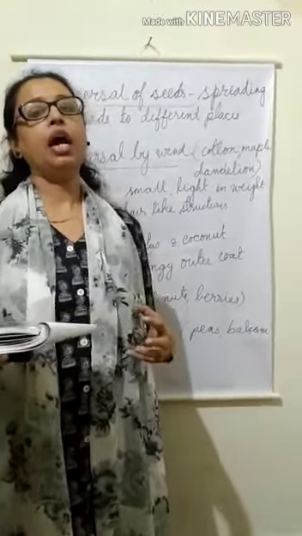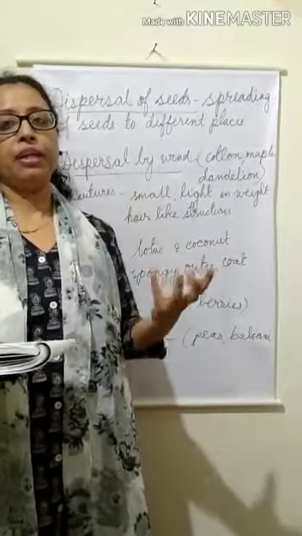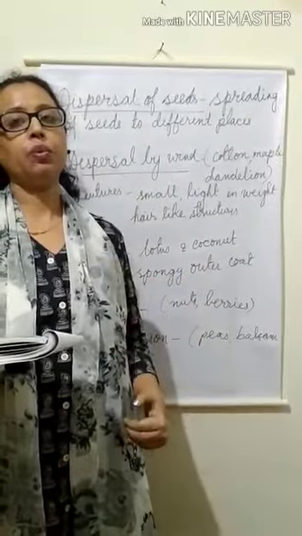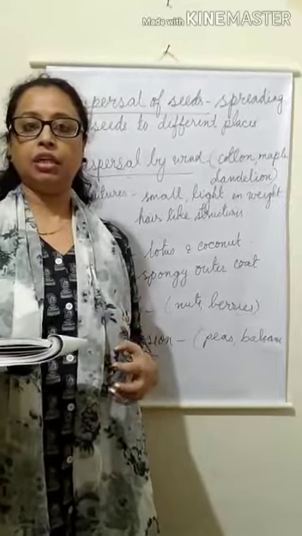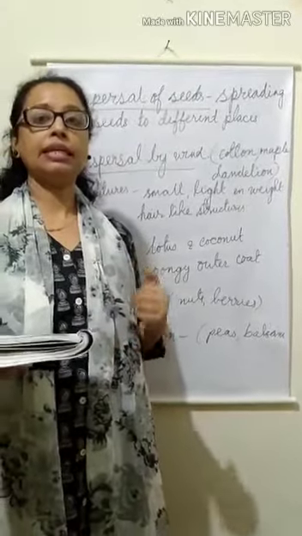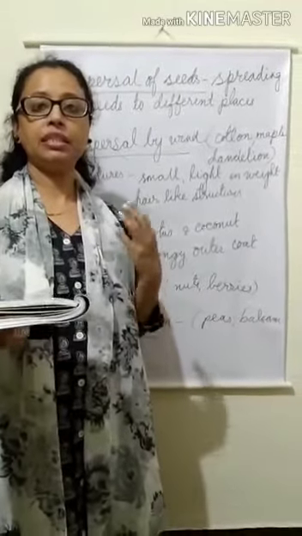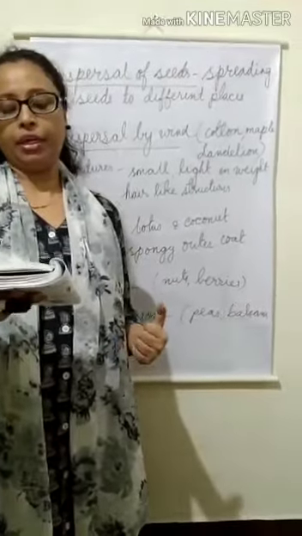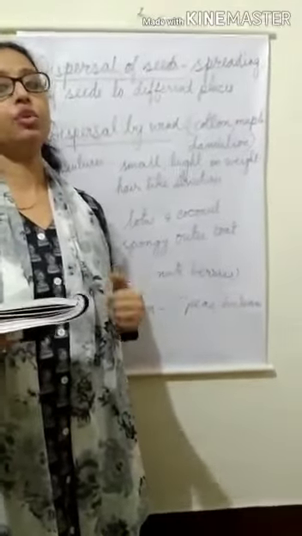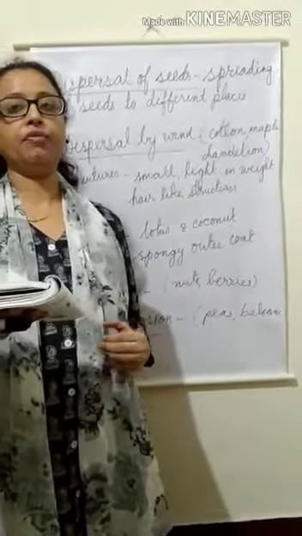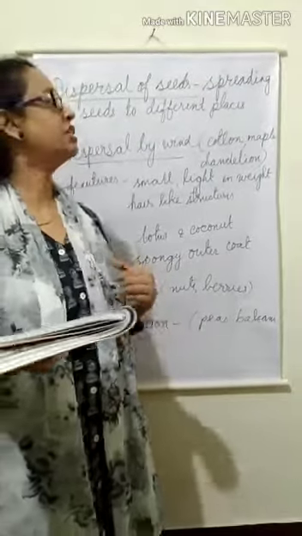If all the seeds fall from the parent plant to the same place, what happens? They may not get enough water, light and minerals, so the seedlings may die. So it is very important to spread the seeds to different places, and there are some agents to disperse the seeds.